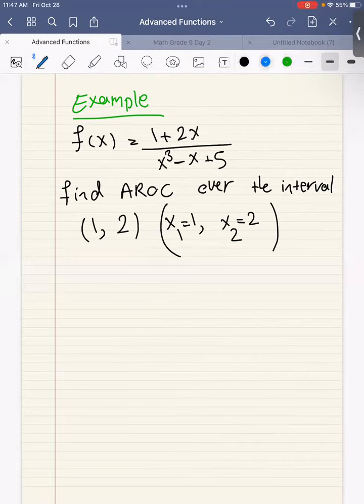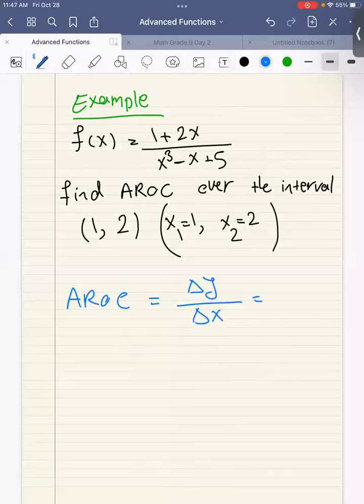So we know that the average rate of change, as I said, is equal to delta y divided by delta x. But here you have to find the y values for each of these points. So that is f of 2 minus f of 1 over 2 minus 1. So what is f of 2?